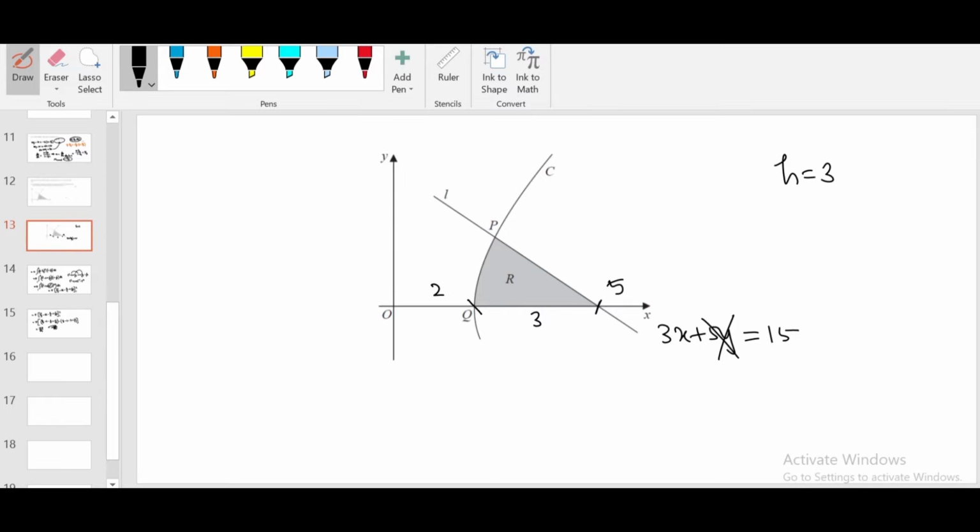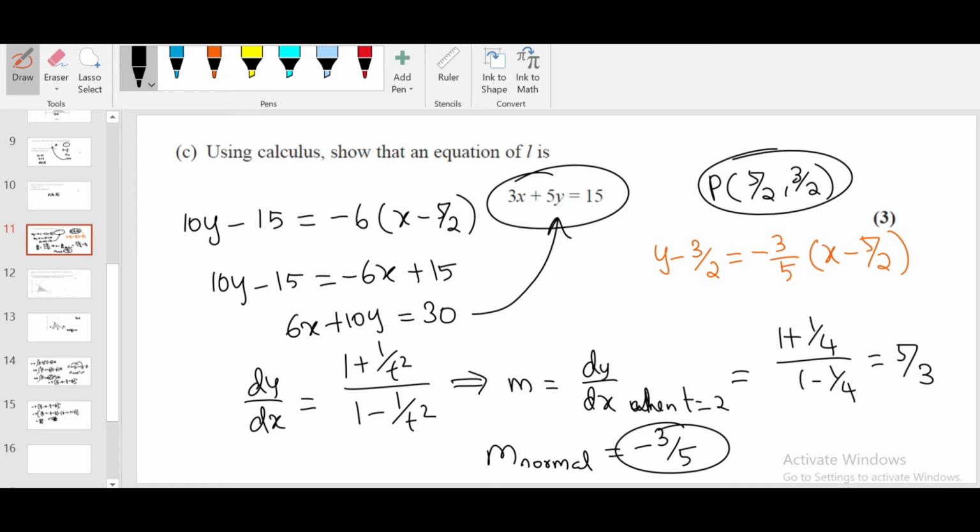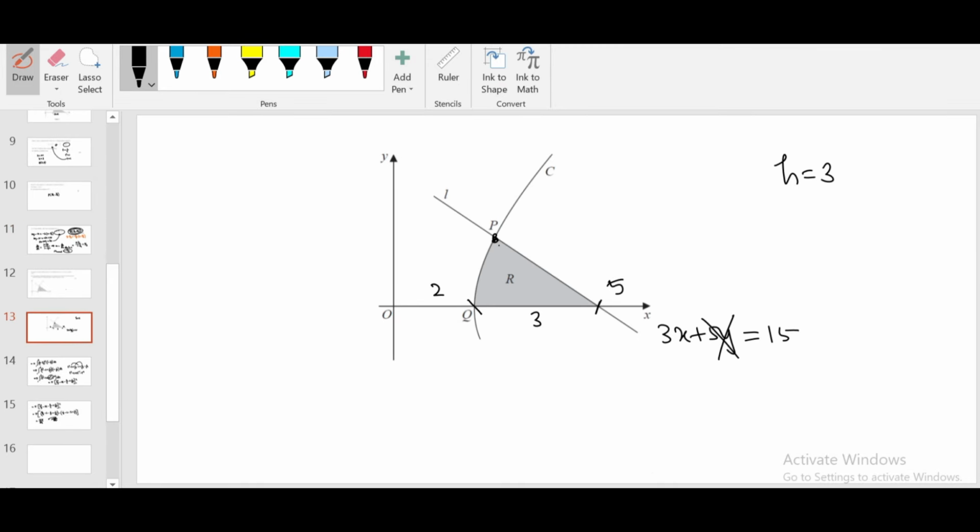And then the y coordinate of the point P we calculated here, it's 3 over 2. Why we need it? That's going to be the radius of the cone. So radius is 3 over 2. So the volume is equal to pi r square h.